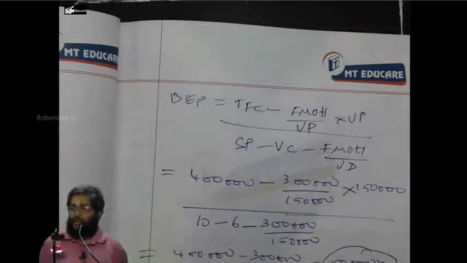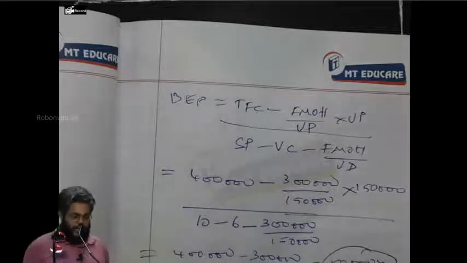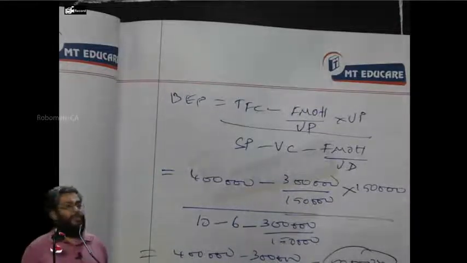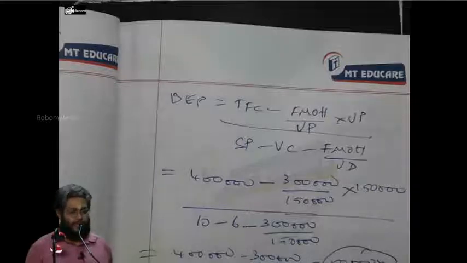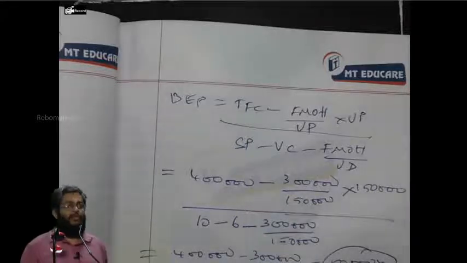In bracket, how many units? 1,50,000 units. Bracket close. Full stop.